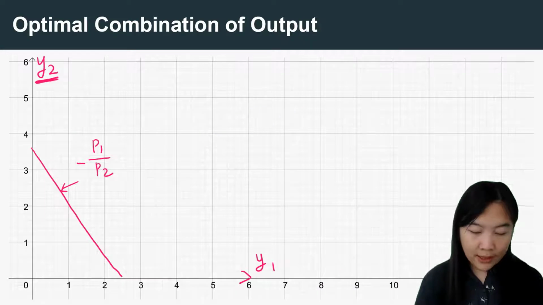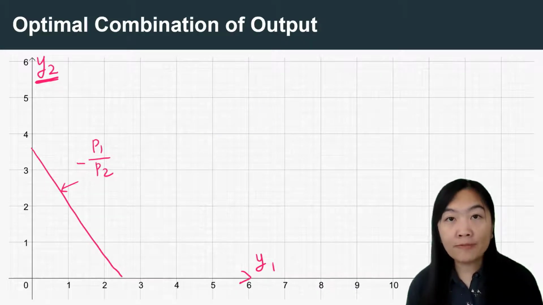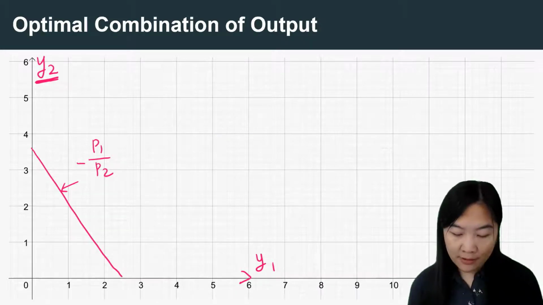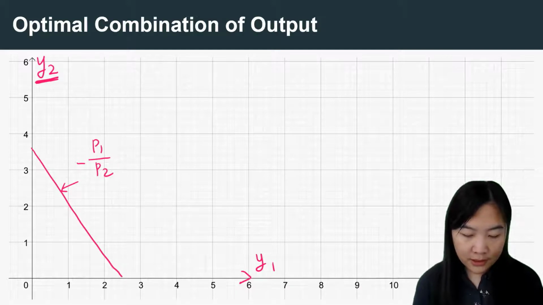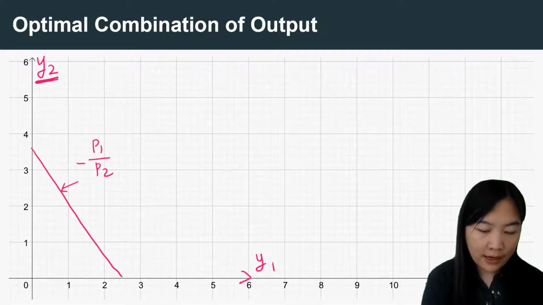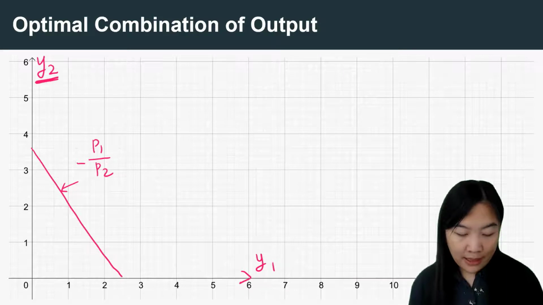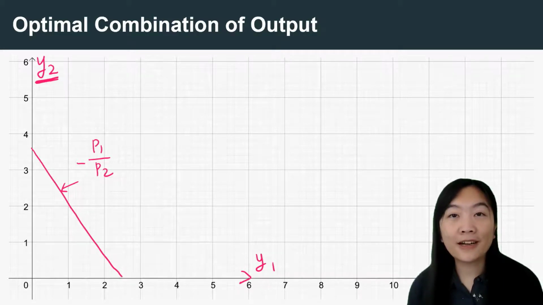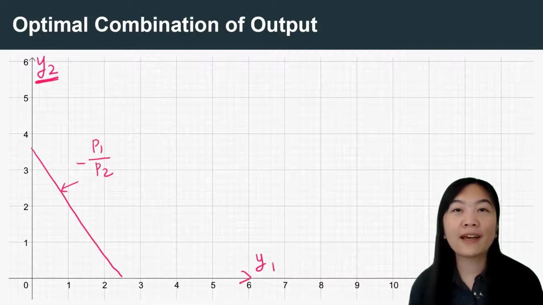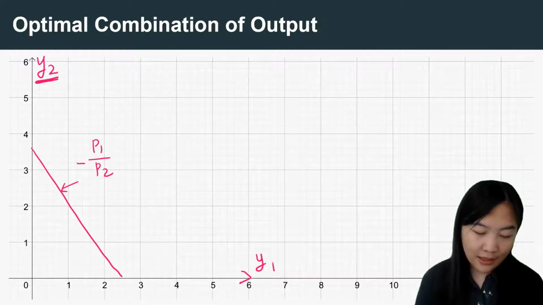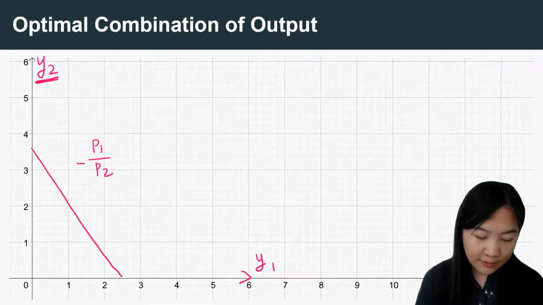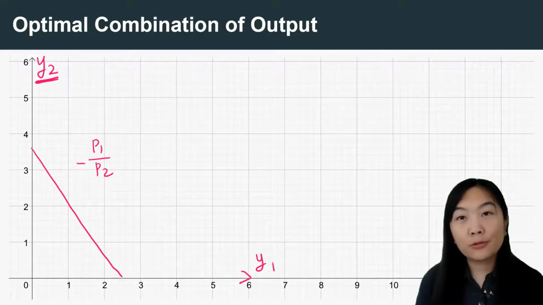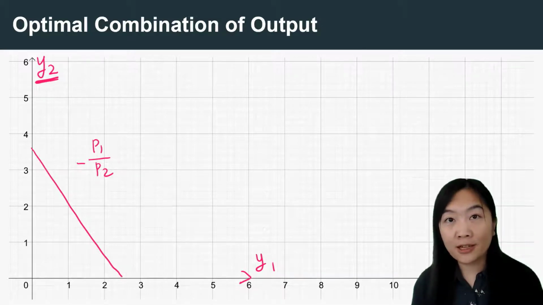So what is the revenue maximization problem in the graph? In the graph here, I already have the iso-revenue line, and what I need to do is draw another curve, which is what we covered in the last lecture, the product transformation curve. Remember the difference between the product transformation curve and the isoquant curve.